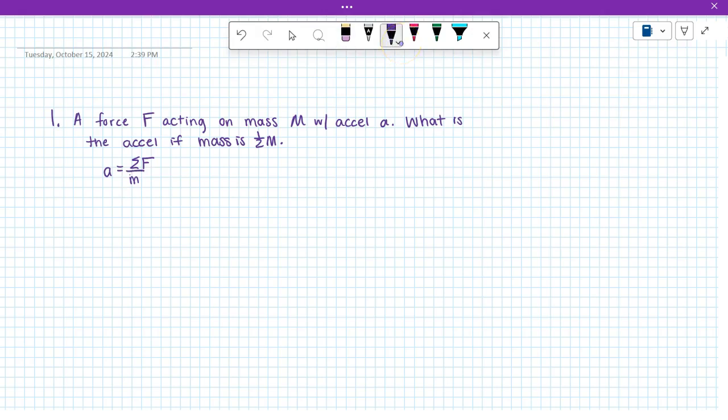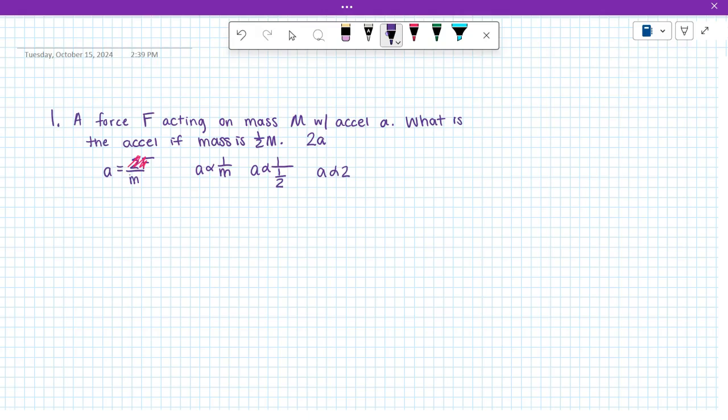Since I'm only comparing mass and acceleration here, I can ignore the net force part, and say acceleration is proportional to 1/m. I'm halving the mass, so I plug in a half for mass. 1 divided by 1/2 is 2, so I get twice the acceleration if I halve the mass.